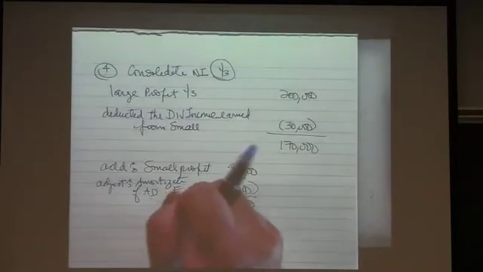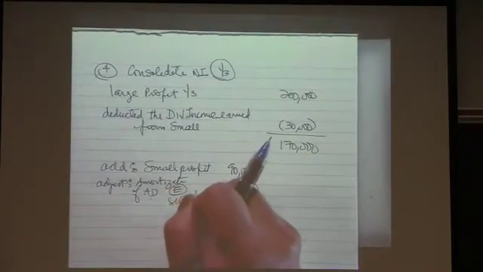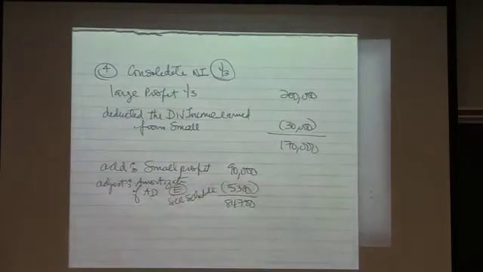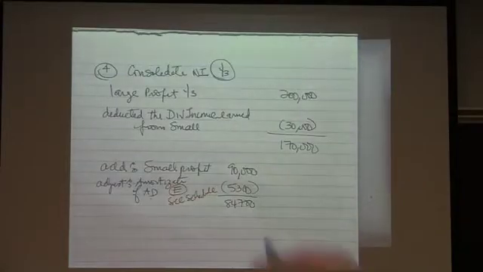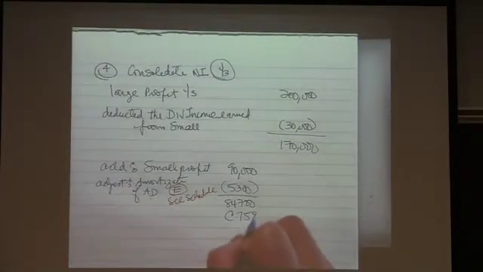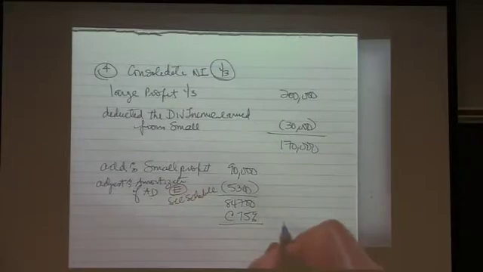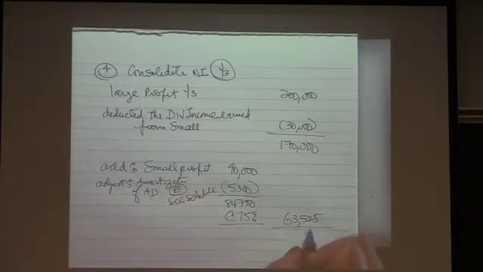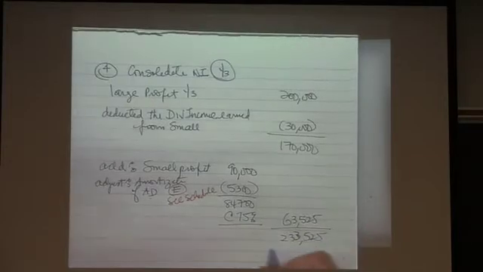E, C schedule. And then we're going to take 75% of that to give us $63,525, and that gives us our consolidated net income of $233,525.